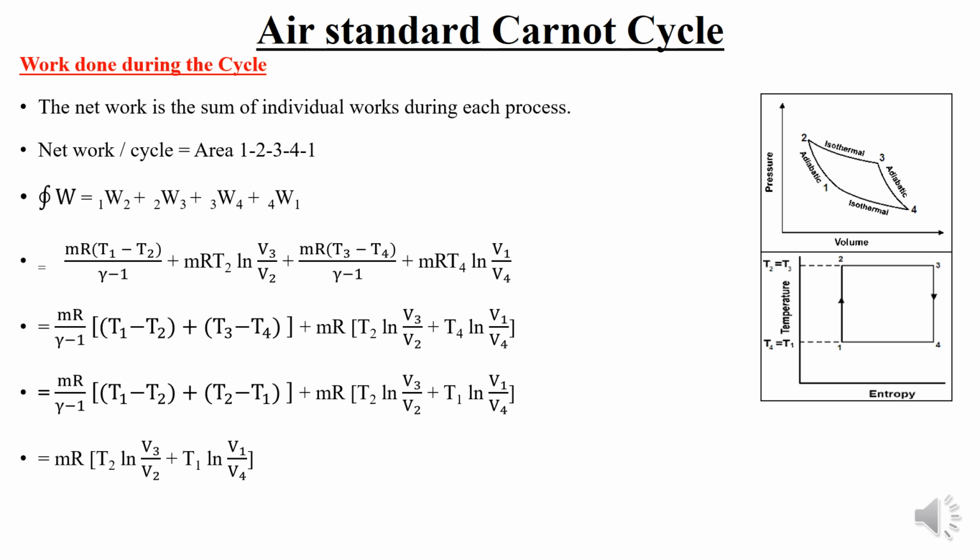So what you will get is MR T2 ln V3 by V2 plus T1 ln V1 by V4. Just reverse this last term, in terms of V4 by V1, so instead of plus it will become minus.